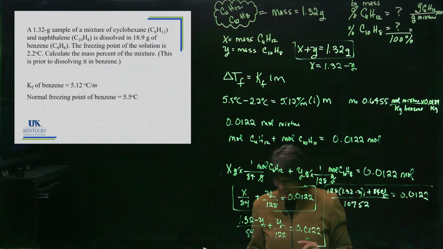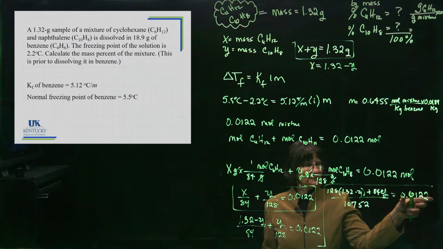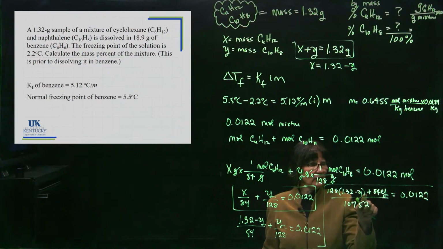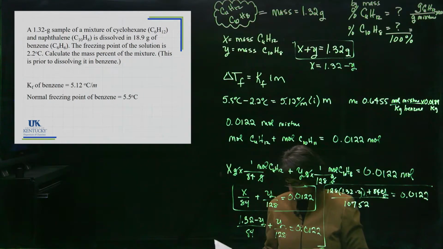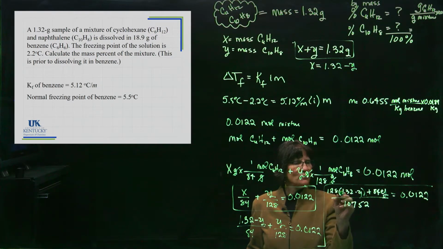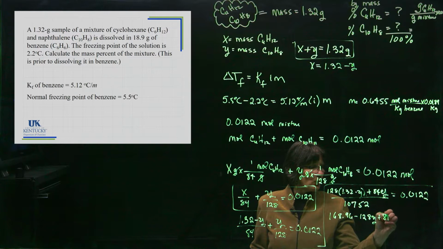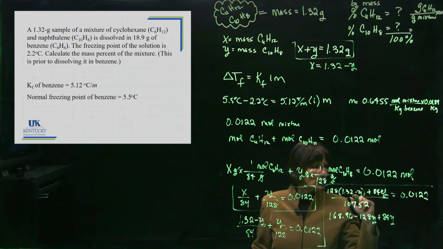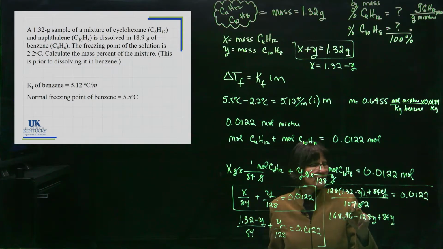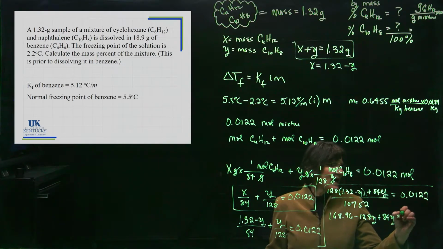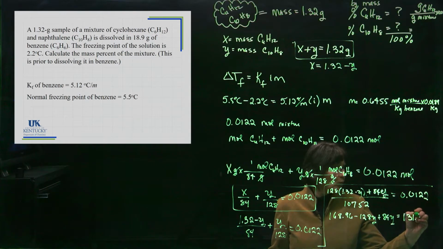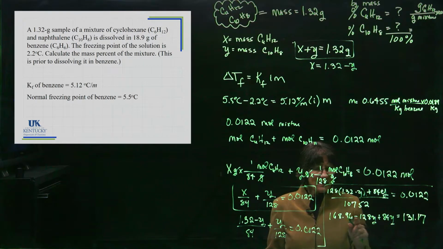Now, if I multiply this over and do the distributive property here and combine my Y terms, 128 times 1.32 is 168.96. 128 times a negative Y is minus 128Y plus 84Y. So that's all my numerator. And I'm going to take this 10,752 and multiply it over here, and I have 131.17. I'm going to combine my Y terms.